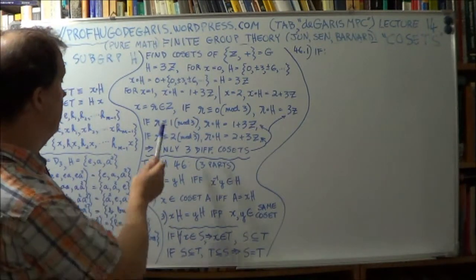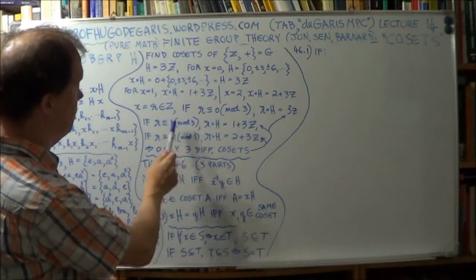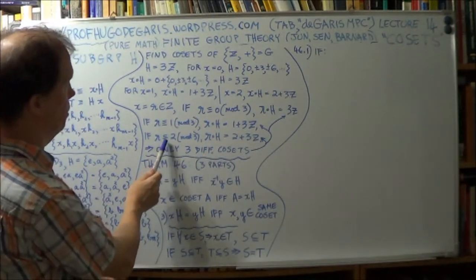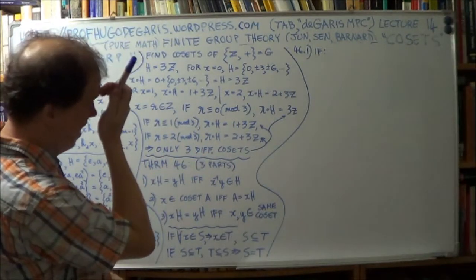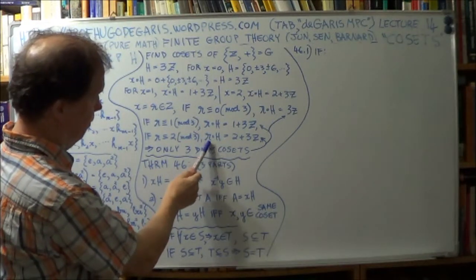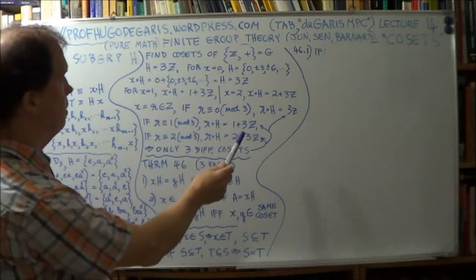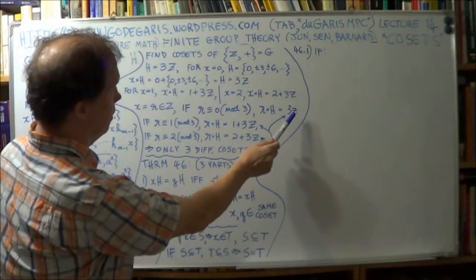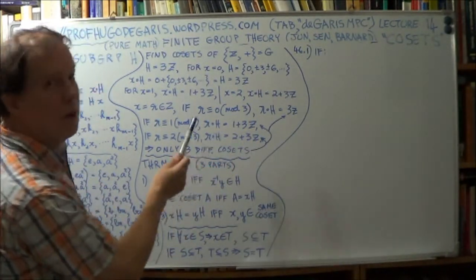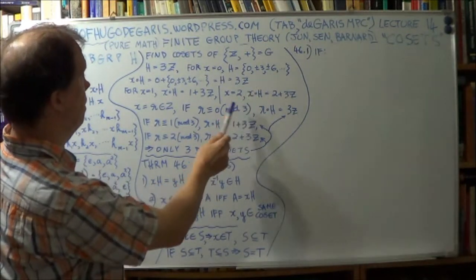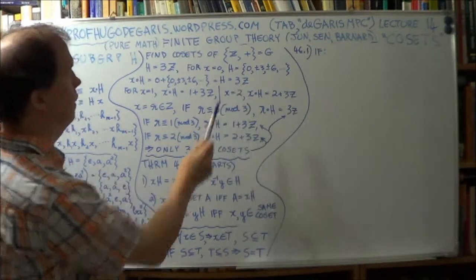Now if R is congruent to 1, similar logic, you'll just get 1 plus 3Z. And if R is congruent to 2 mod 3, then the left coset will be 2 plus 3Z. So again, here are 3 different cosets, which are the same 3 as here.